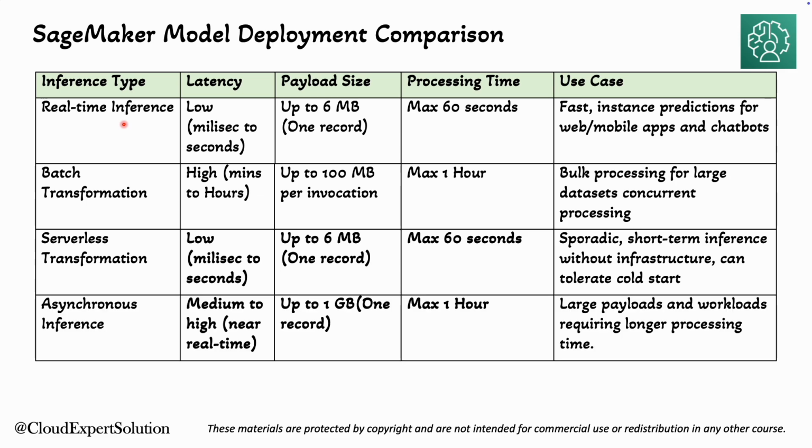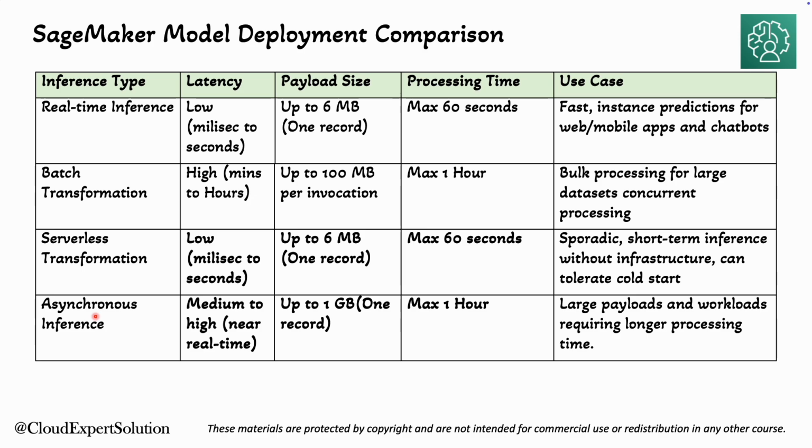And last but not least, asynchronous inference. If your latency requirement is medium to high, that means you have a near real-time requirement, your payload size is up to 1 GB, very high, and processing time is up to 1 hour. That means if your use case is for large payloads and workloads that require longer processing time, then you should use asynchronous inference.